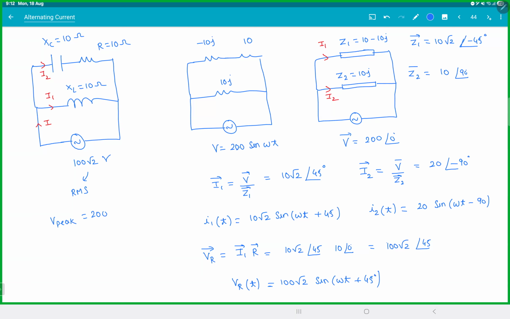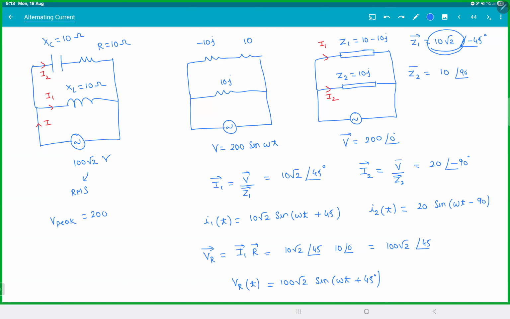Any doubts still here? Wouldn't it be 20 at 90? V by Z2, when 90 goes up, it becomes minus, right? It should be 20. No, V1 by Z1 is how much?